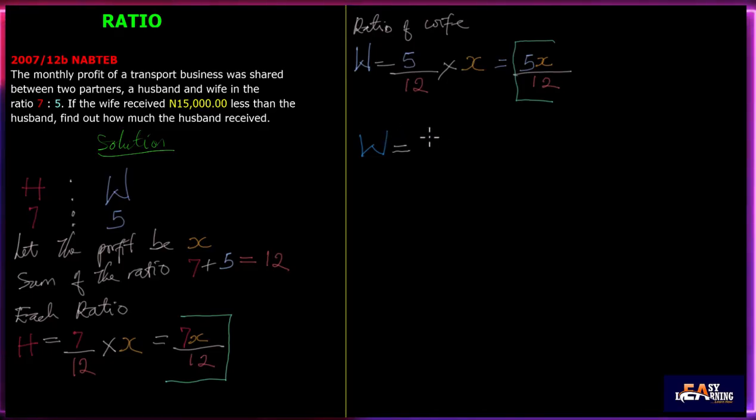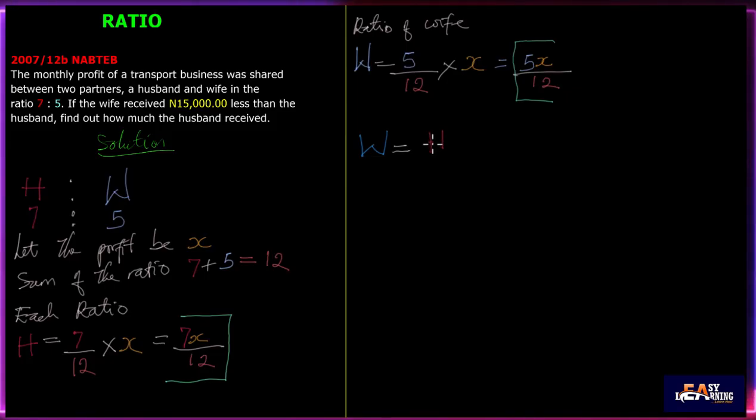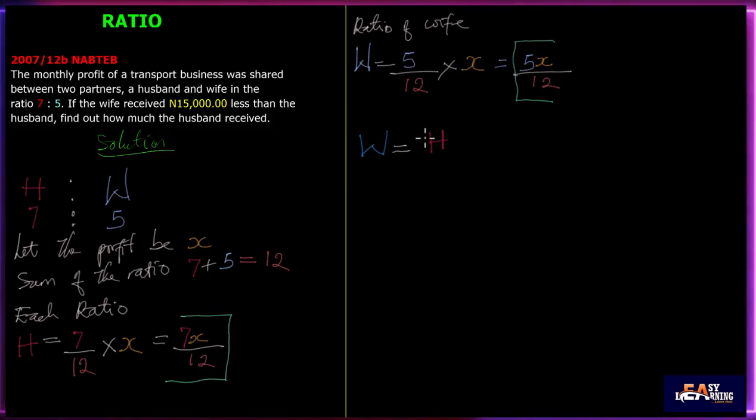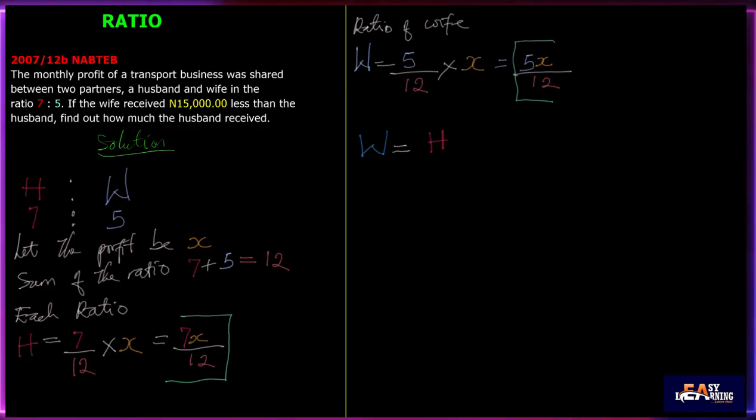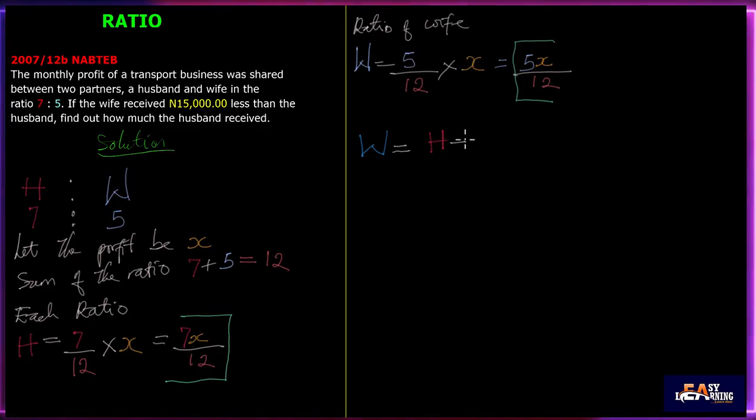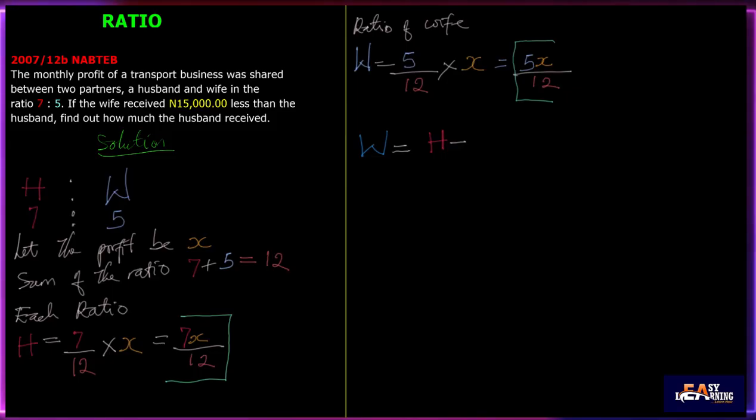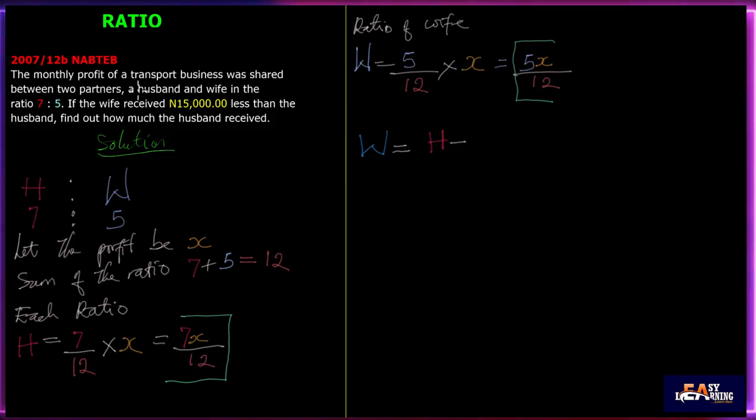So the husband, we don't know yet, so we call the husband's money H. Then we say that it is 15,000 lesser. So we introduce this 15,000 that we're given here. What we are asked here, find how much the husband received, is this H.